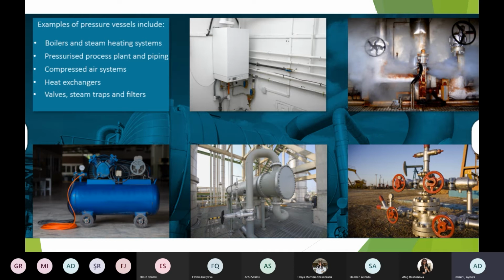And when we say pressure vessels, in our case in the oil and gas industry, it's boilers and steam heating systems, pressurized process plant and piping, compressed air systems, heat exchangers, valve stream traps, and filters.